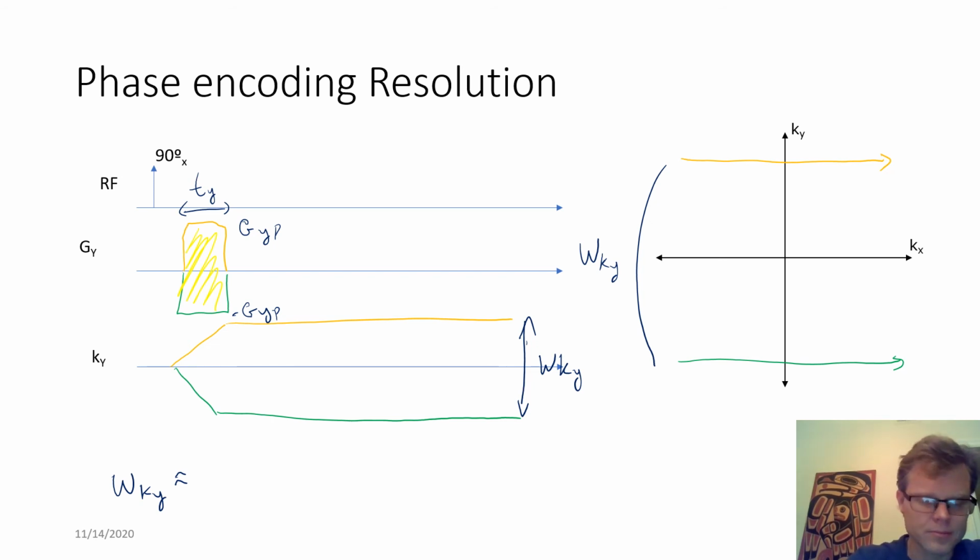But this is very close. It's going to be gamma bar times, and I'll do the time first, times twice this GY peak amplitude. So that's this total yellow gradient area here.